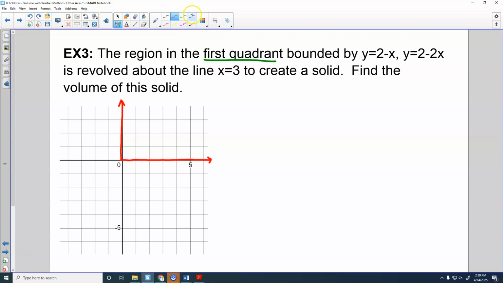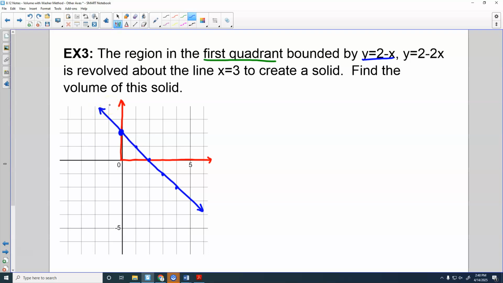So I'm going to do this one in blue, y equals 2 minus x. What's the y-intercept of that line? Is 2. What's the slope? Negative 1. Down 1, right 1, down 1, right 1. Like so. So I'd get this line right here.